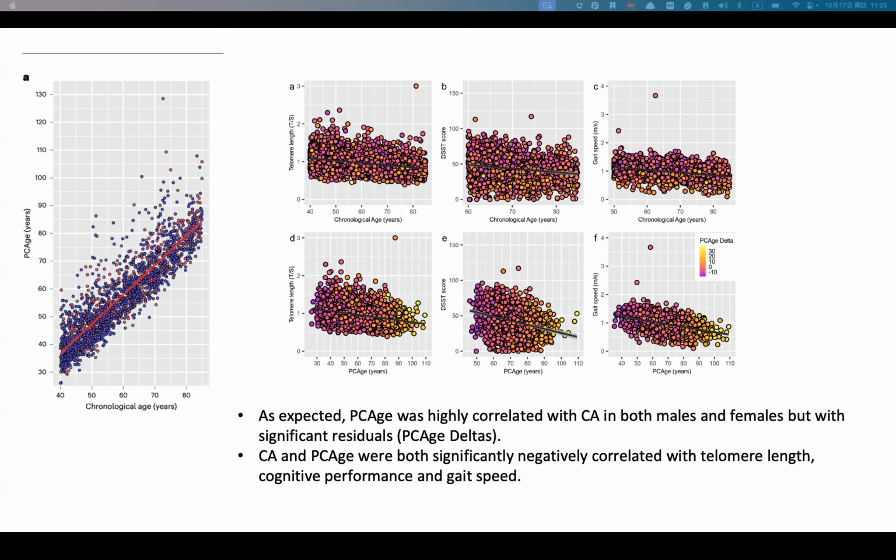That means when your CA and PCH get bigger, your cognitive performance will decline. It makes sense, I think it's very easy to understand. That means you'll be older and your cognitive performance will decline.